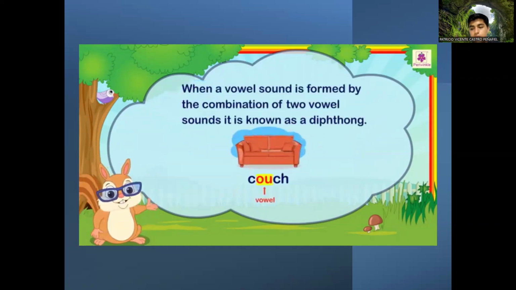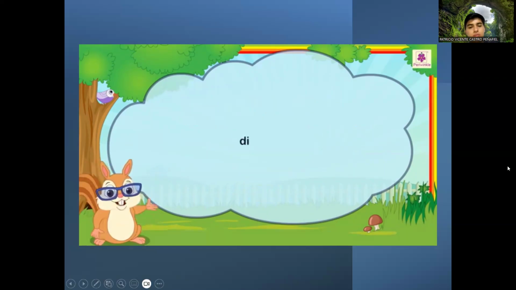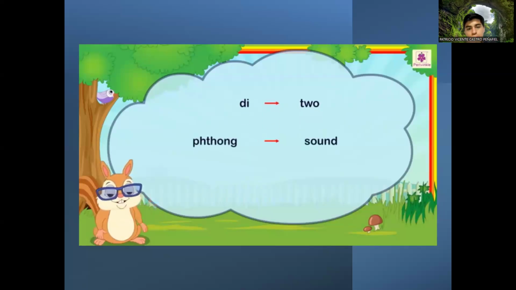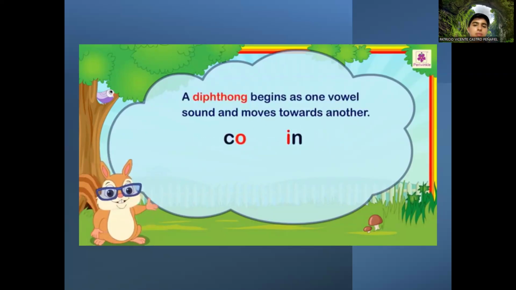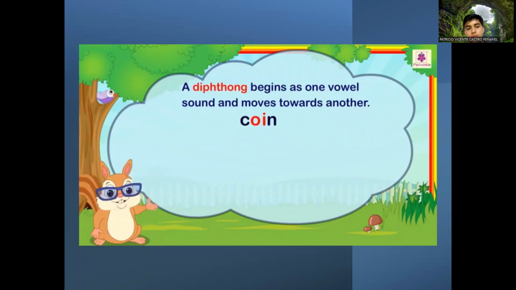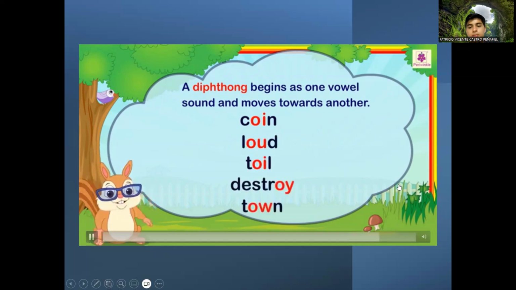When a vowel sound is formed by the combination of two vowel sounds, it is known as a diphthong. Di means two and thong means sound. A diphthong begins as one vowel sound and moves towards another, such as in coin, loud, toil, destroy, town, etc.